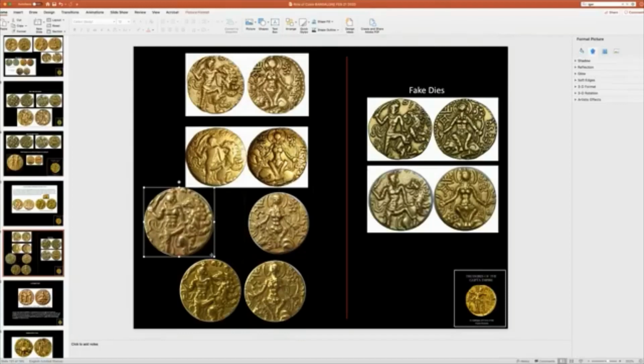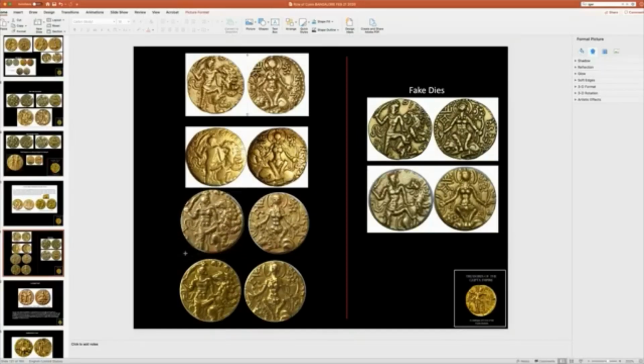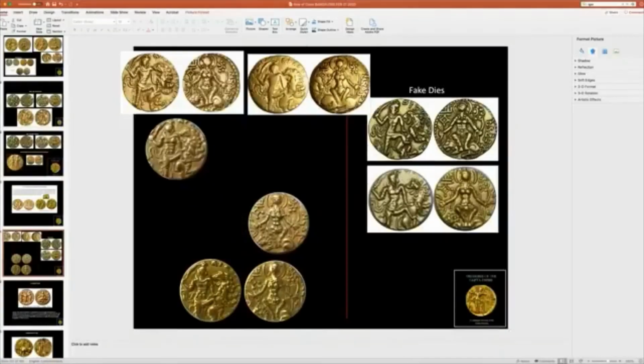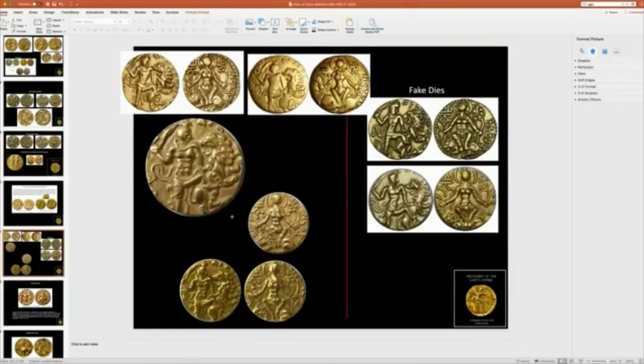From a design standpoint, to me, it appears quite possibly a second die style of the Chandragupta II lion slayer type, right? To me, this is very, very much a second die. This is not a cast coin. This has been struck with a die.